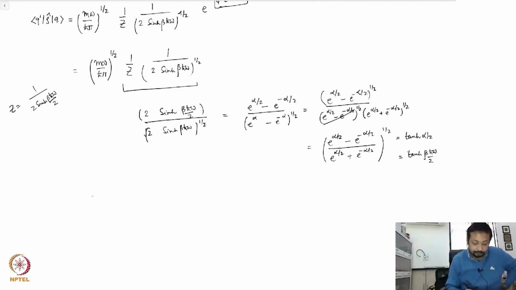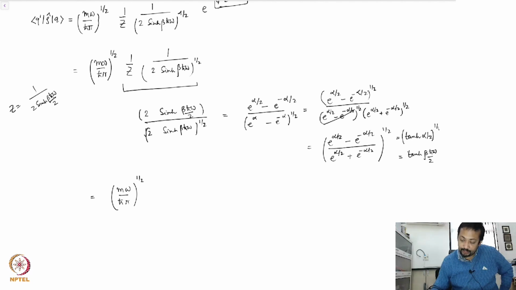So that this becomes m omega over h bar times pi raised to the power half, and then this raised to the power half. Don't forget that. I have tan hyperbolic beta h bar omega by 2 raised to the power half.